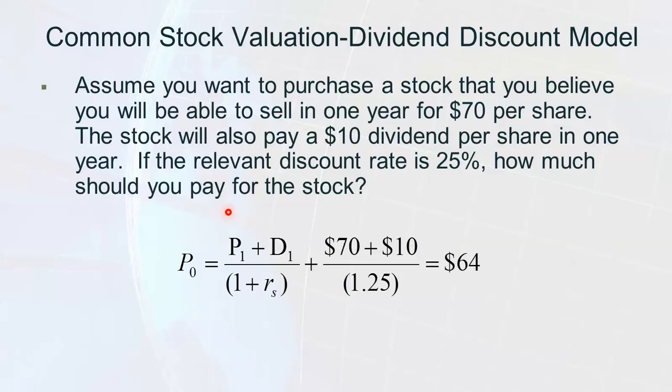Okay, so you're going to sell this stock, and in the meantime you're going to receive this dividend. If your discount rate is 25%, what is going to be the price you should be paying? So basically $80 divided by 1 plus 25%, which is 1.25, equals $64. So theoretically, the price of this stock should be $64.